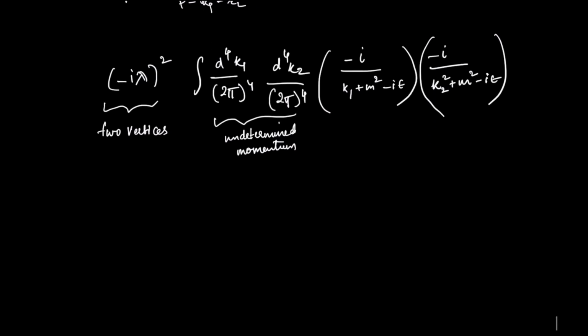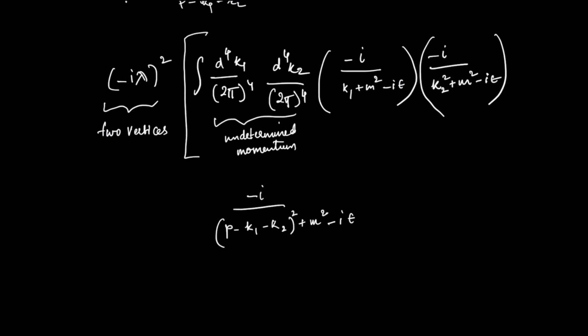Then the third propagator will be minus I by, so instead of k3 I can write p minus k1 minus k2, whole square, right, plus m square minus I epsilon. This can be in one bracket.